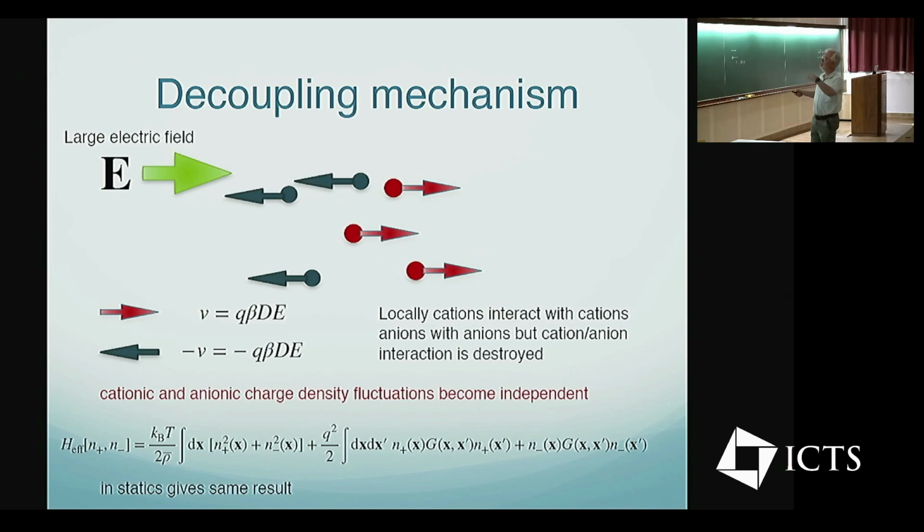I'm talking in terms of almost quasi-particles. So they're moving together, and the anions are moving in the same direction, interacting with each other. And so the cationic and anionic charge density fluctuations become independent, because they don't have time, they're rushing past these guys, so they don't have time to equilibrate with them. So in fact, effectively, they don't interact.